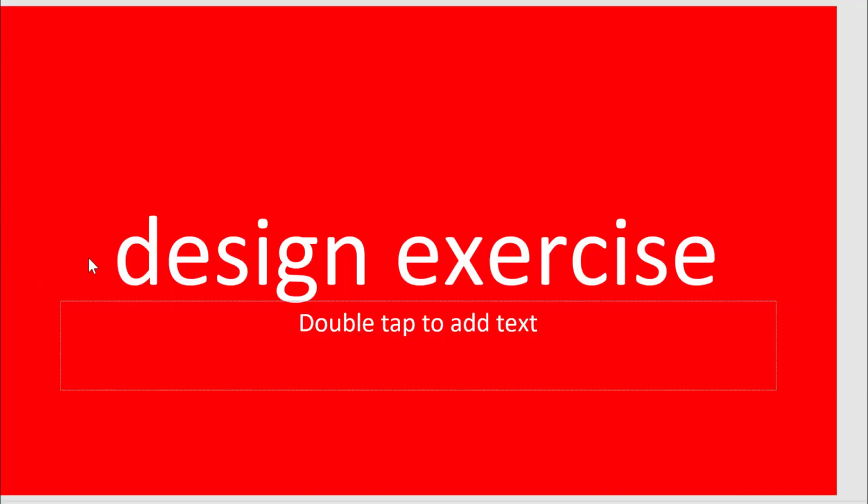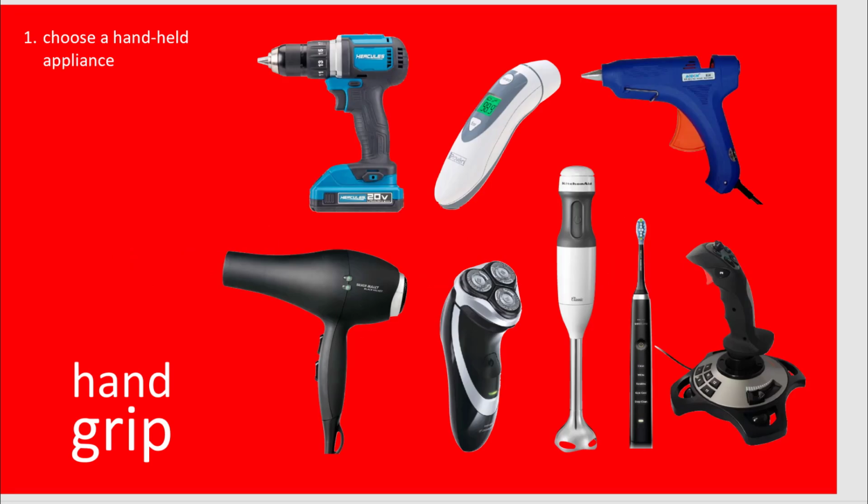In preparation for our design exercise, your task is to choose one handheld appliance. So it needs to be battery or cord electric operated. You can use these examples or you can choose your own.